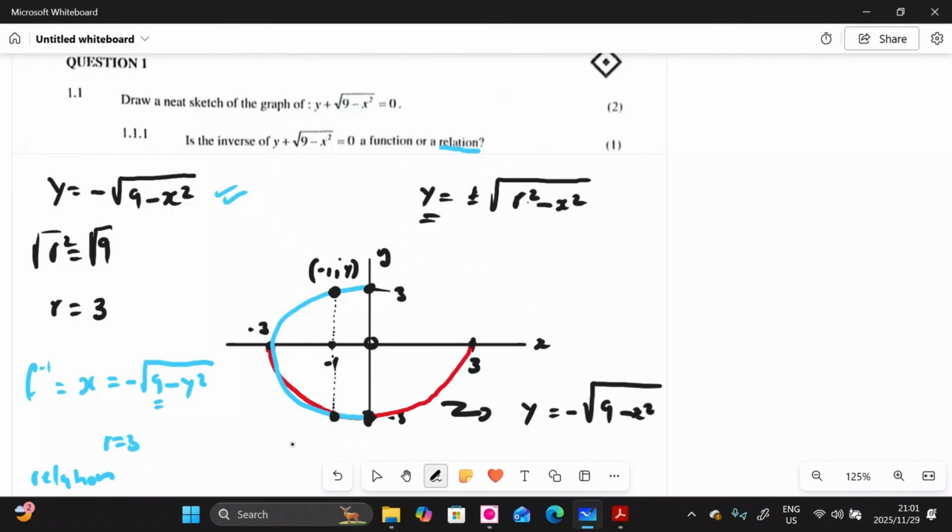Again, if you extend this line going downwards, we're gonna have a point that cuts the blue graph again, but this time around, x is -1, and our y is gonna be negative there. Even though we don't know the exact value of y, this states that one x value gives you 2 y values. So this is one of 2. It's another method that you can use to check whether the graph is a function or relation. So this also proves that our graph here, the inverse, is a relation.